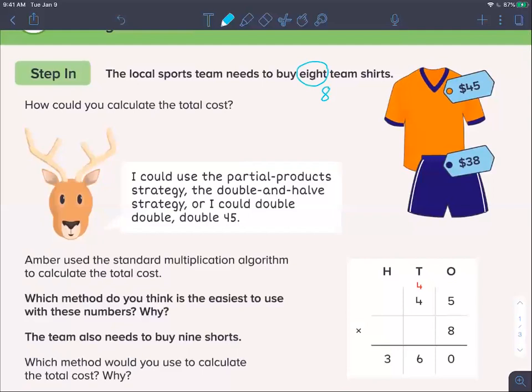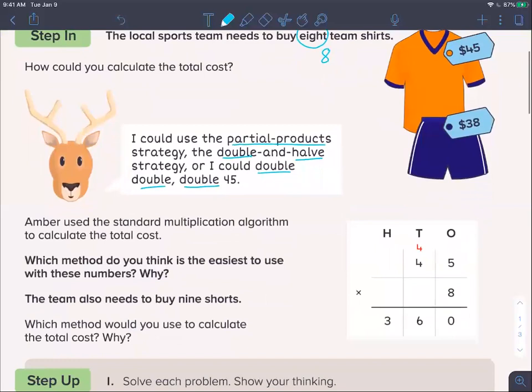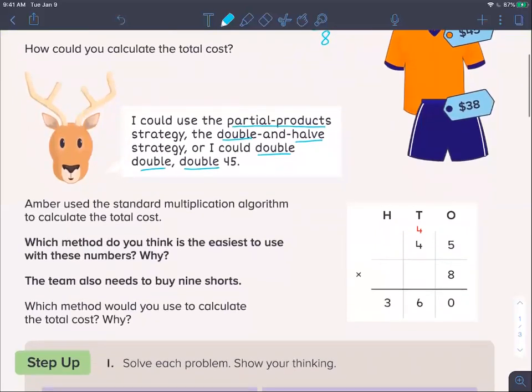So you could use partial products, right? You could use doubling or taking a half, or you could do double, double, double, because we are multiplying by 8. Or you can use the standard algorithm.